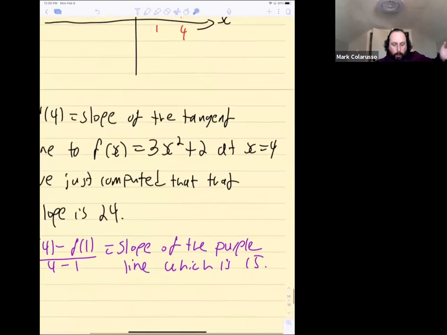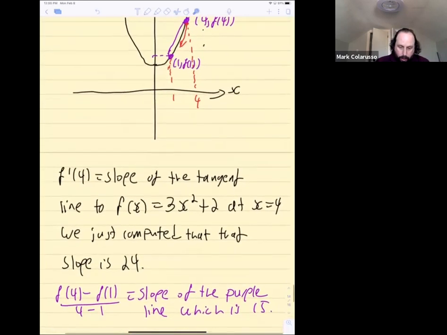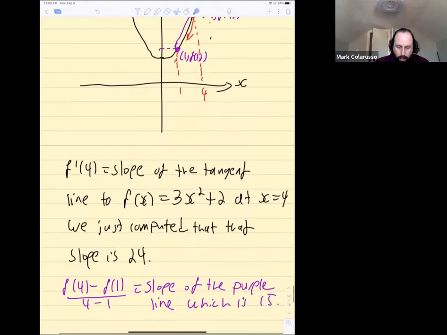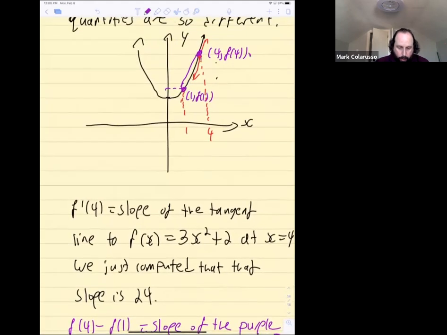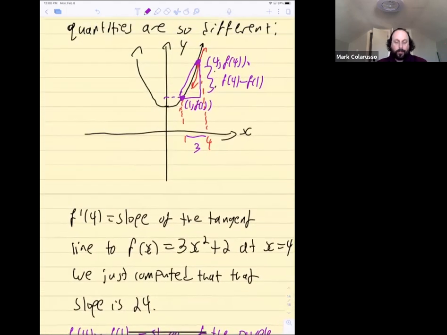The slope of the purple line is the total change in y over the change in x, and that's the average rate of change.